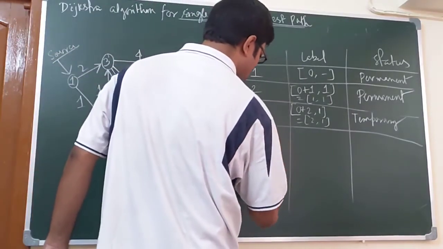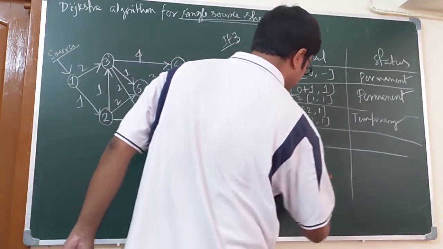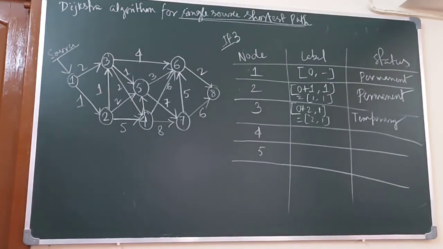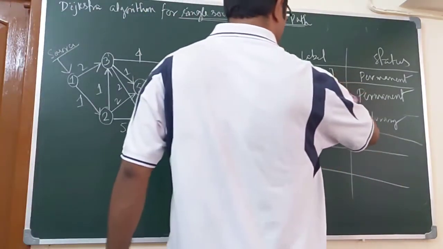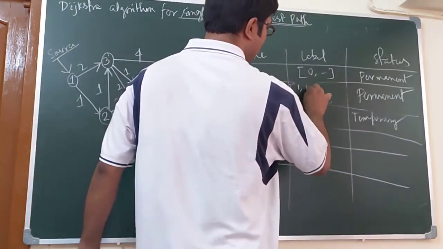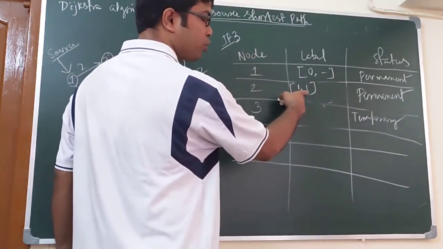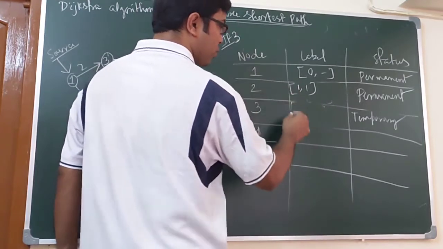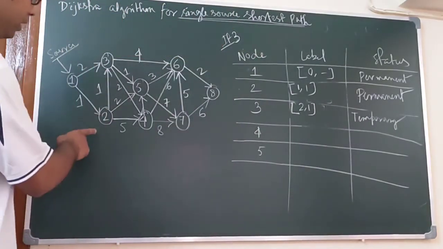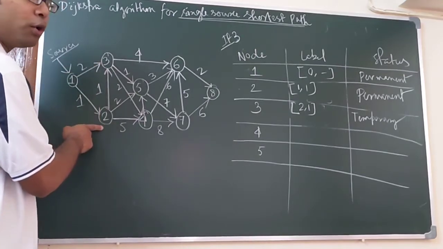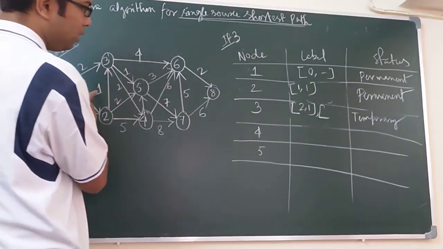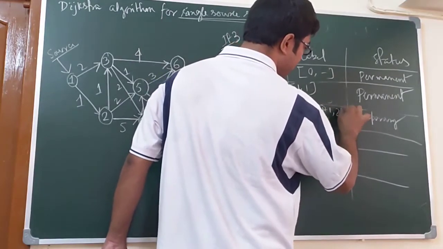Their levels are 1, 1 and 2, 1 respectively, that is, the distance from source node 1 to node 2 is 1. In iteration 3, node 3 can also be accessed from node 2, so we take another level for node 3, 1 plus 1, but from node 2.